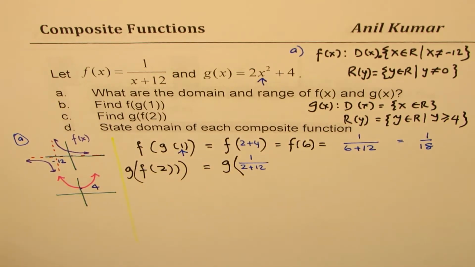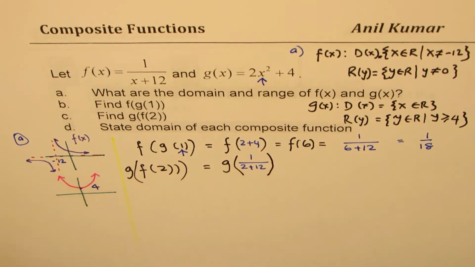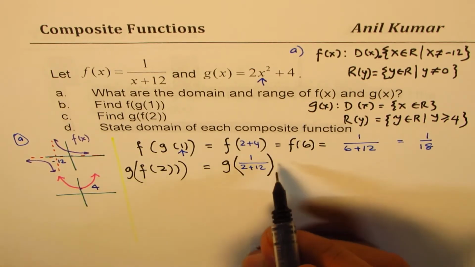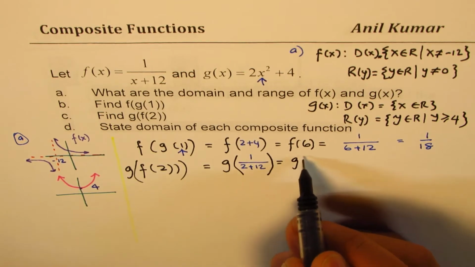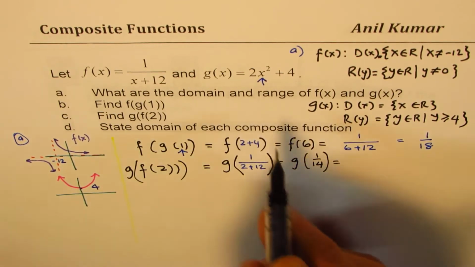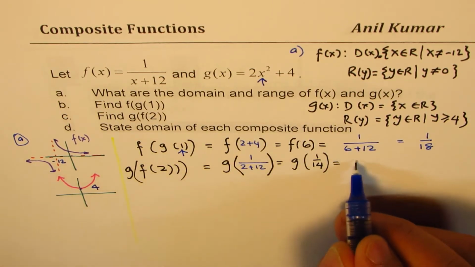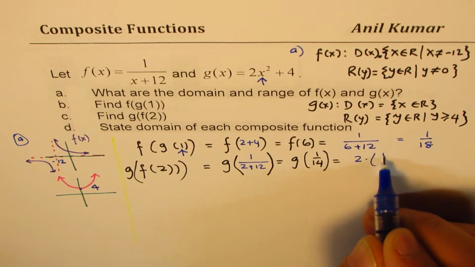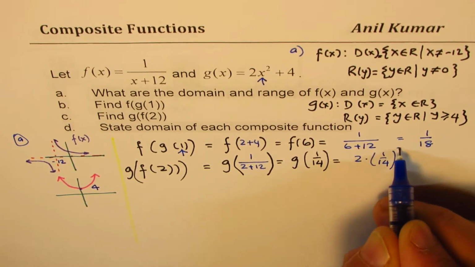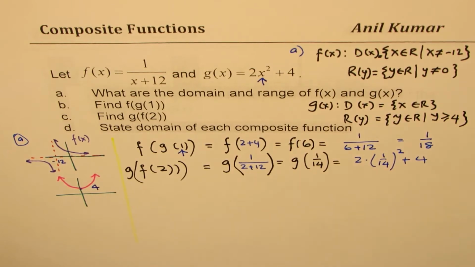Which is 1 over 14. And that gives me g of 1 over 14. And now I'll substitute this value there. So I get 2 times 1 over 14 whole square plus 4. Correct? So this is what you get.